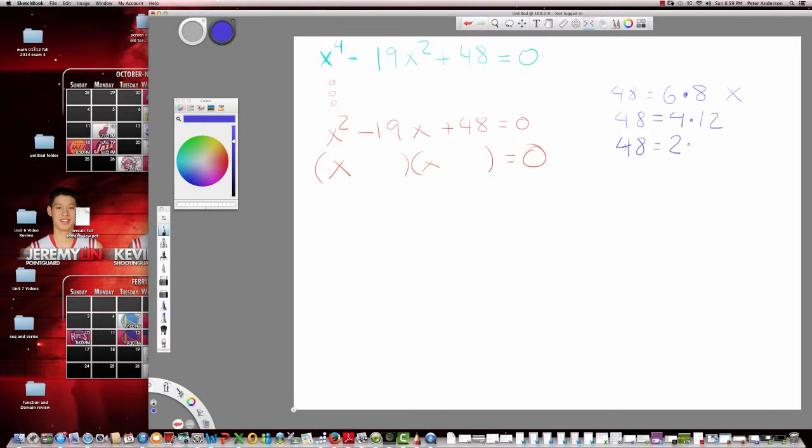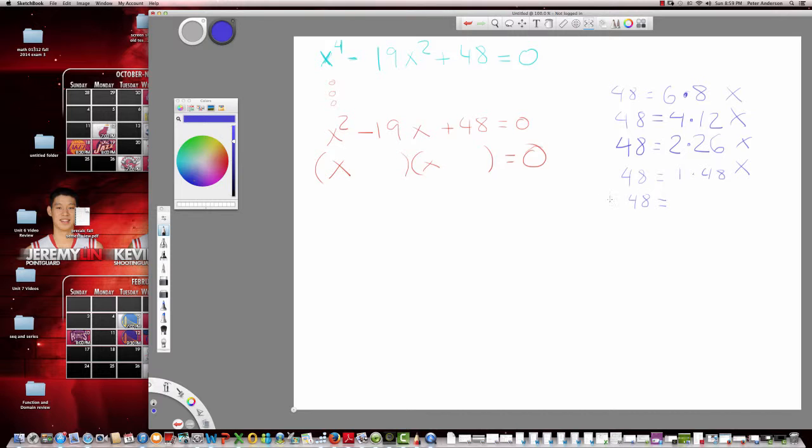I'm just trying numbers. 48 divided by 2 is 24, so that gives 2 and 24, which doesn't work. So I'm getting a little worried here. I mean, I know I could try 1 and 48, but that's clearly not going to work. So this doesn't work. All right.